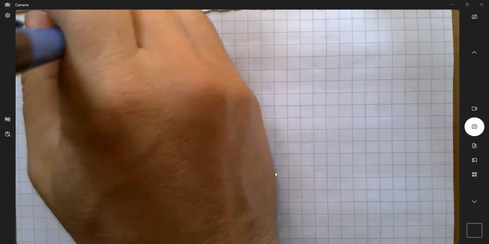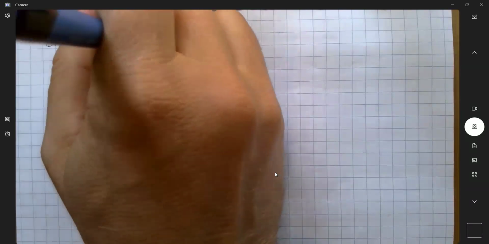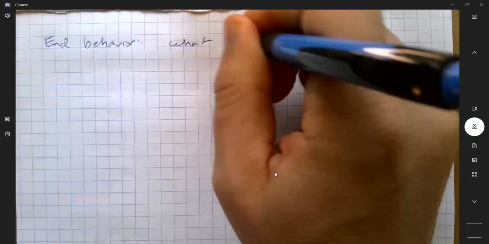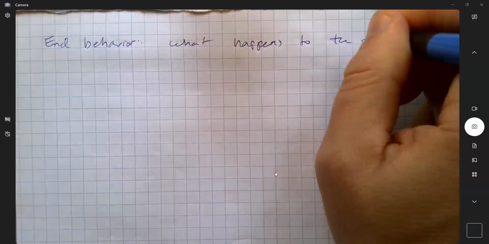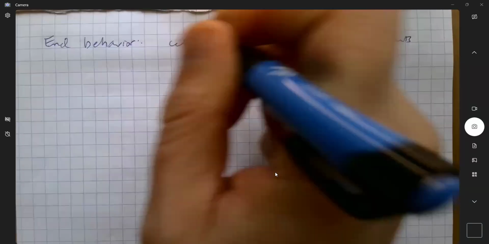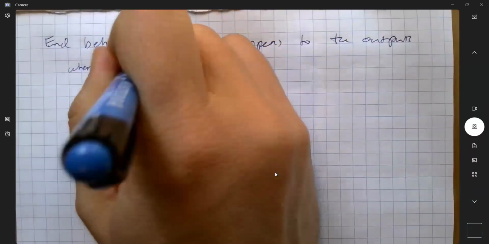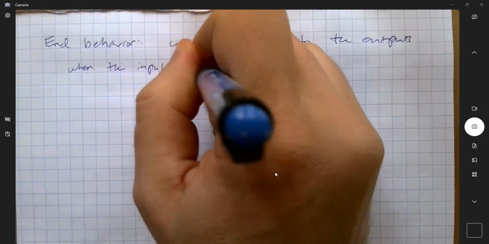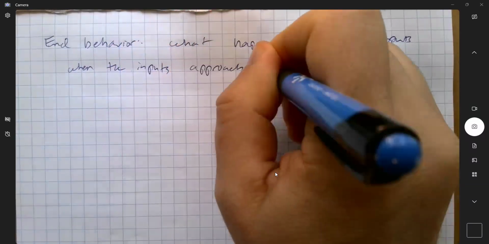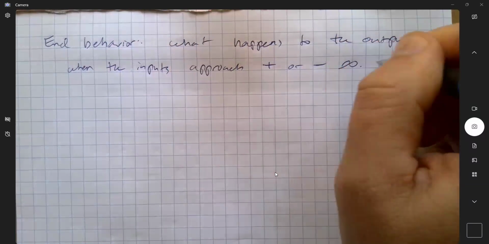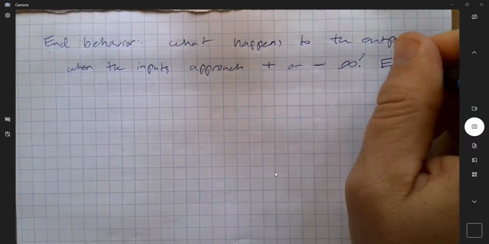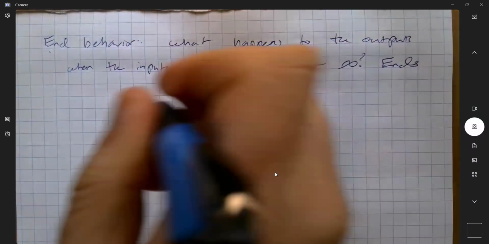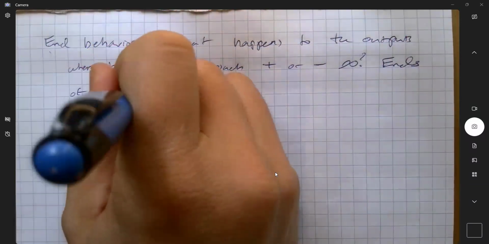That covers turning points. Now let's talk about end behavior. And that is what happens to the outputs when the inputs approach positive or negative infinity. End behavior, so the ends of the graph.